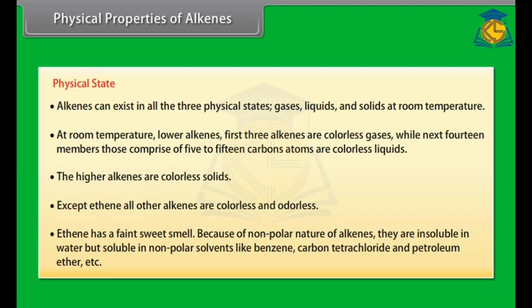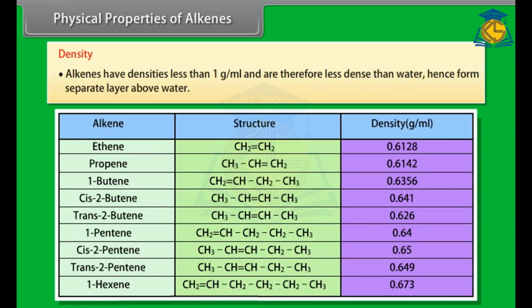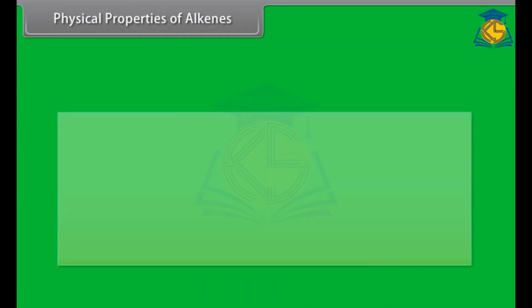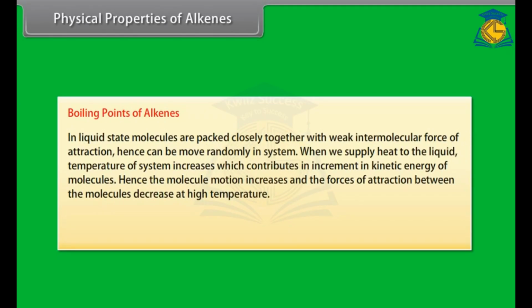Density. Alkenes have densities less than 1 gram per milliliter and are therefore less dense than water, hence form a separate layer above water. As the molecular mass of alkenes increases, density increases. Boiling points of alkenes. In the liquid state, molecules are packed closely together with weak intermolecular forces of attraction, hence can be moved randomly in the system.